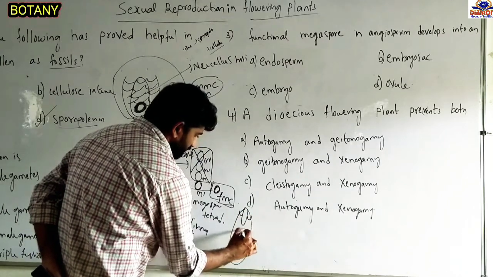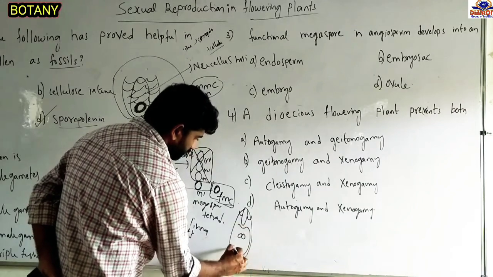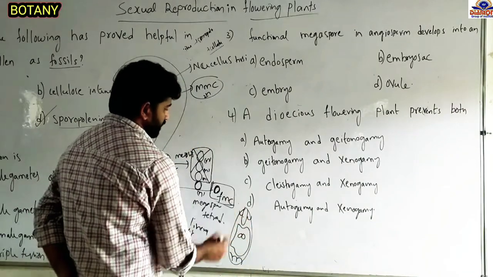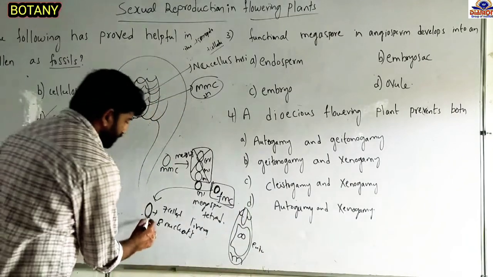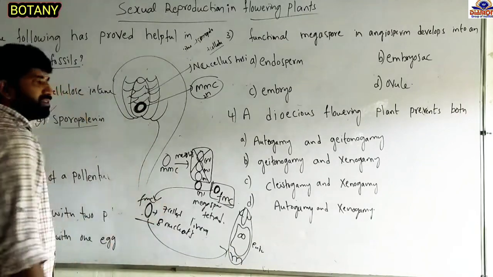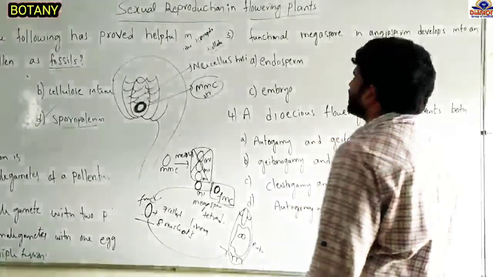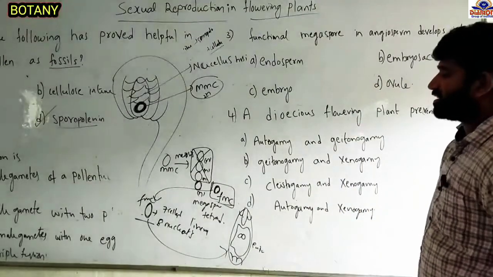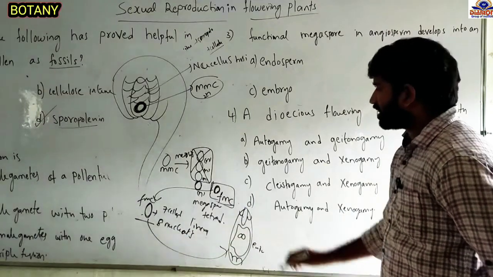So this 7-celled, 8-nucleated structure we call an embryo sac. Now this embryo sac is formed from the functional megaspore mother cell. A single functional megaspore mother cell can undergo mitotic divisions and form the 7-celled structure, which is called the embryo sac.